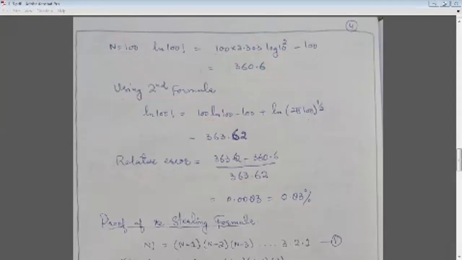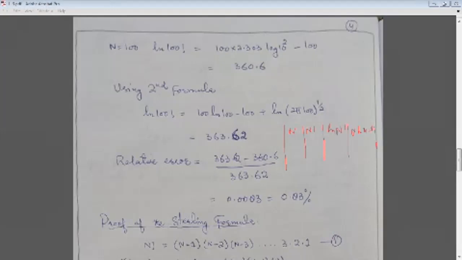So at home you can do a very simple exercise. Make a table with a column for n factorial, then take the natural logarithm, ln of n factorial, then the Stirling approximation, n ln n minus n.